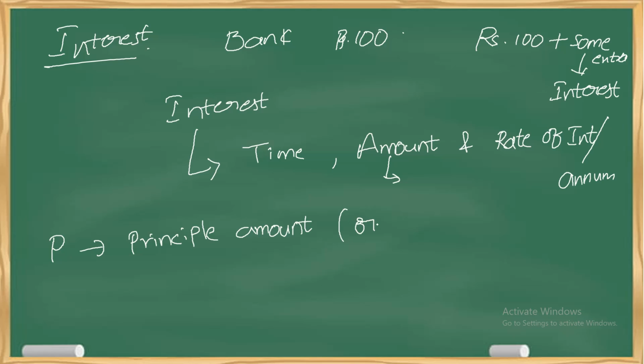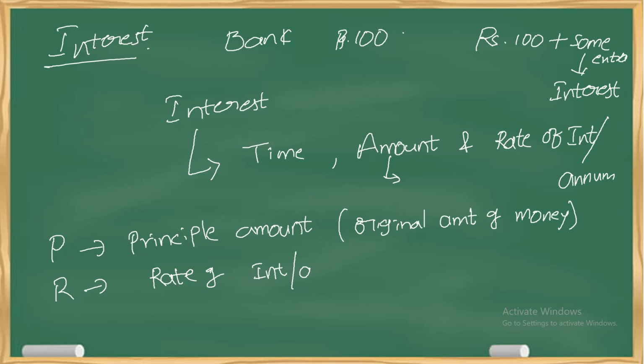That is the original amount of money taken from the respective person or bank. Next, R. R is generally the rate of interest per annum. Next, T. What is T called? Number of years. In some websites they mention N also, but I generally take T.